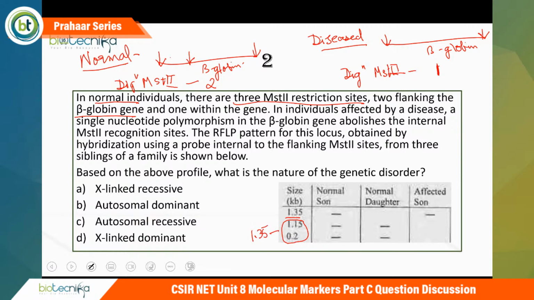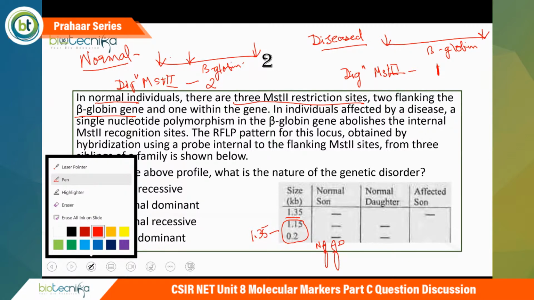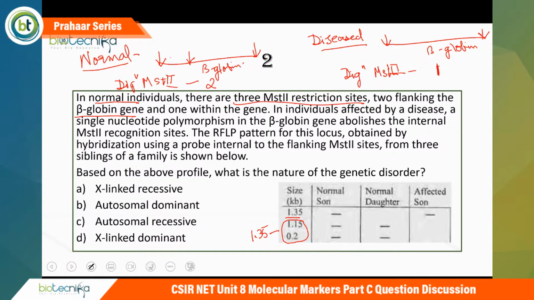What does that mean? That this son has 2 different copies. One copy is normal and one copy is diseased. So this individual has a pair of homologous chromosomes, one with the normal copy and the other with the diseased copy. Instead of writing it in terms of chromosomes, I will draw the DNA.